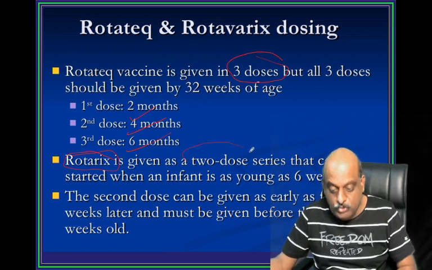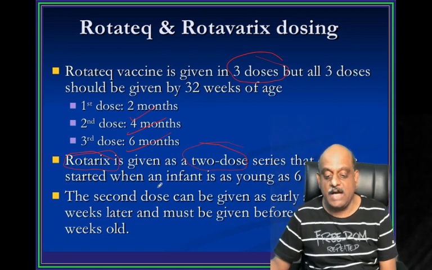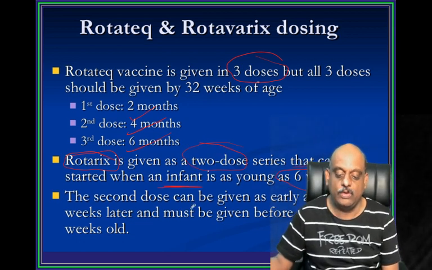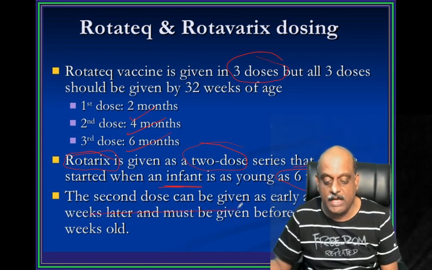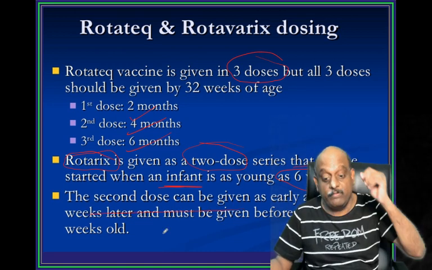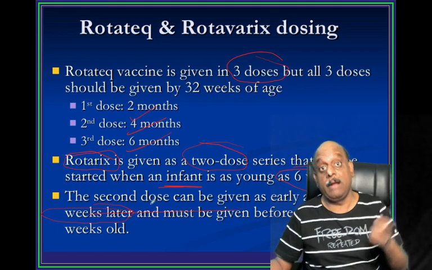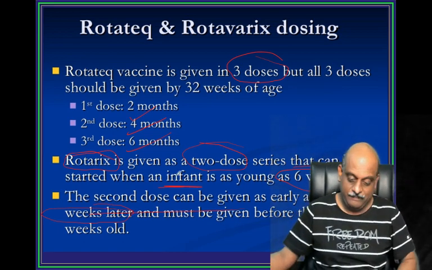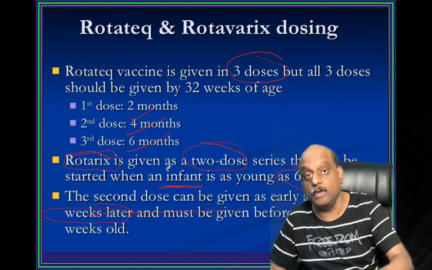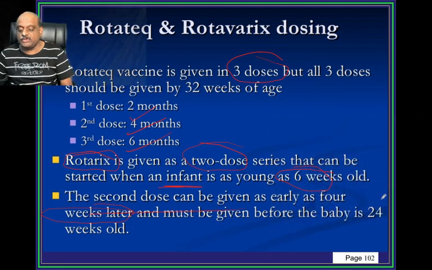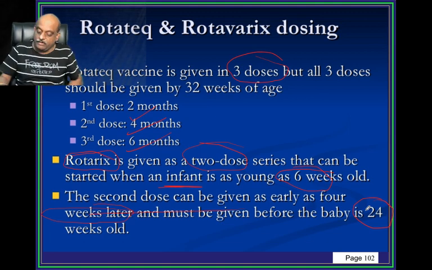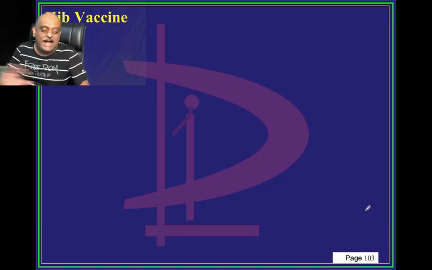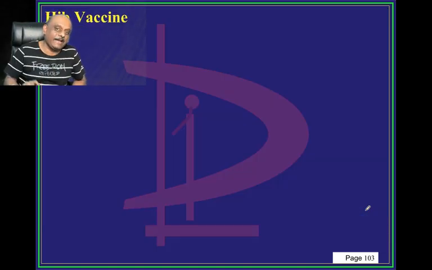Rotarix is given as a 2-dose series that can be started in an infant as young as 6 weeks old, and the second dose can be given as early as 4 weeks later, but before 24 weeks of age. Before 24 weeks of age of the child is what you need to remember. So that is the story of the rotavirus vaccine.